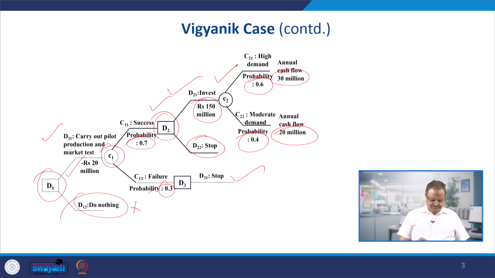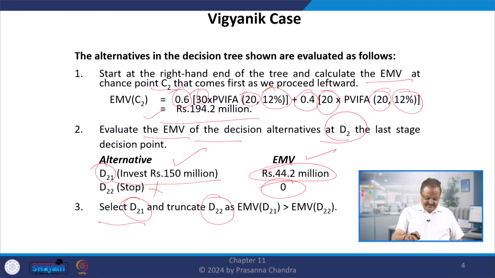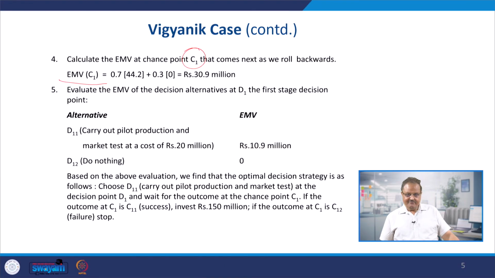C1 says that if we go for the test marketing and the pilot production, the probability of being successful is 70% and the probability of failure is 30%. So C11 says success with 70% probability and C12 says failure with 30% probability. So we will have to evaluate this chance also, which is called the chance point C1.